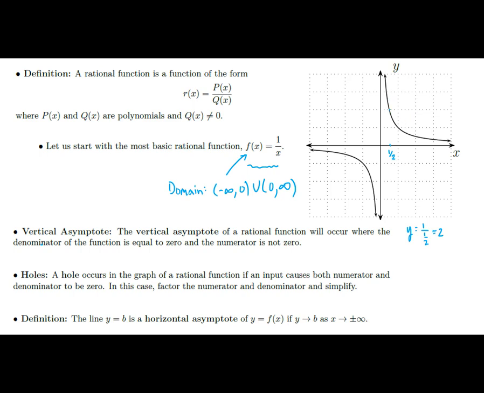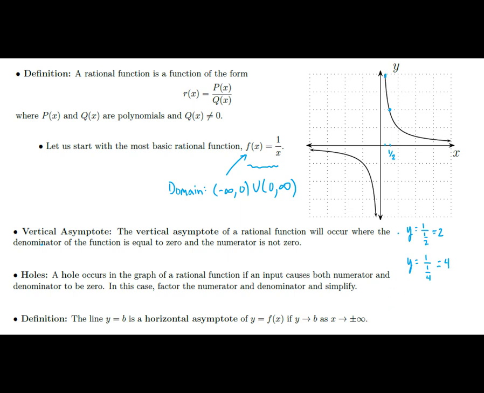So that puts me up at a y value of 2. But the closer I get to 0, the more extreme it gets. For example, if I go to 1/4, then the y value for 1/4 would be 4. So that puts me even higher.